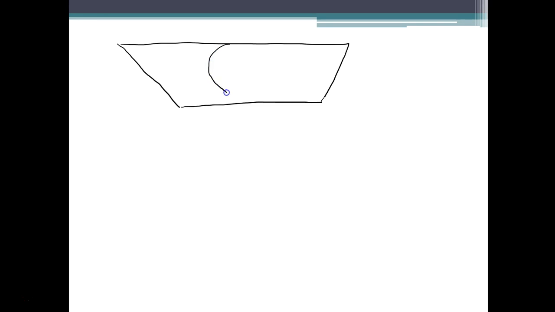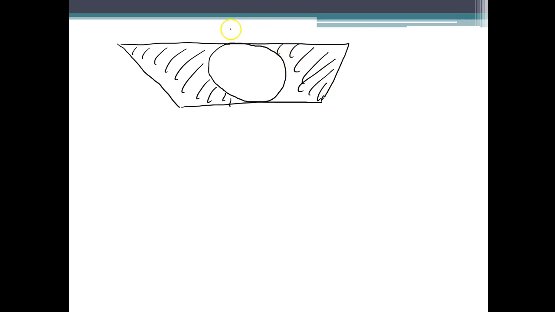They're going to give you some information about dimensions. And then you have to find the area of the region that's shaded. So in this one they tell us 20 inches for one base, 9 inches for another base. They tell us that the radius here is 4 inches.